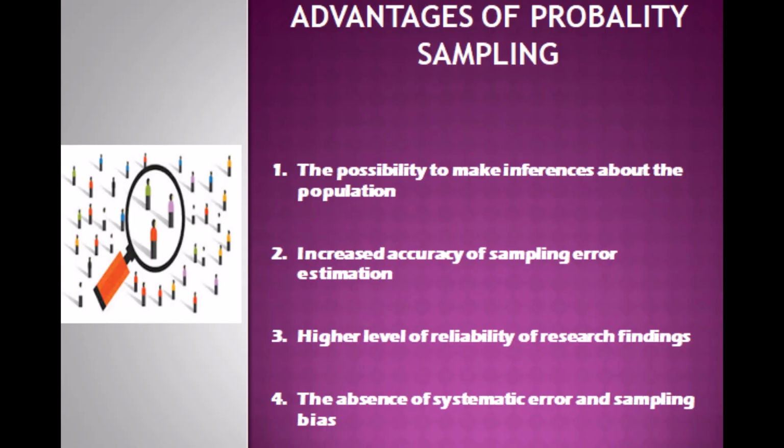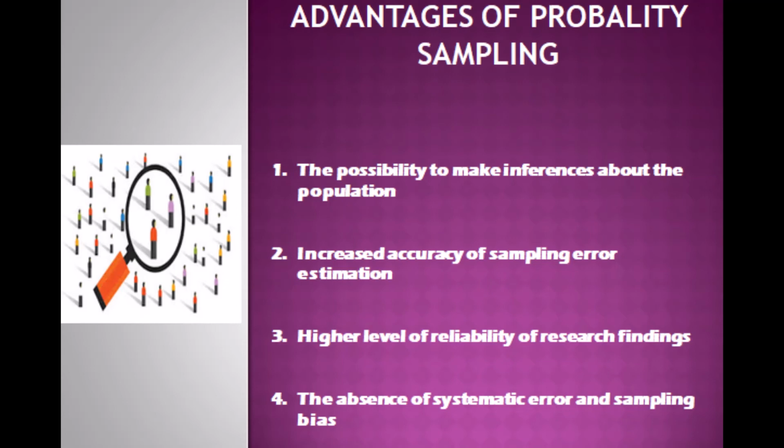One major advantage of probability sampling is that it is possible for us to make inferences about the entire population. And that is even the whole idea behind sampling, to make inferences about the population.